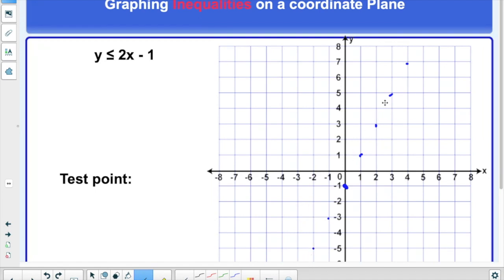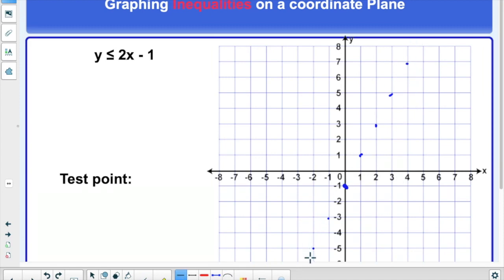We are not going to connect it with a dotted line this time because our symbol happens to be less than or equal to. When it's less than or equal to, we still use a solid line because we're still representing things that are equal to.